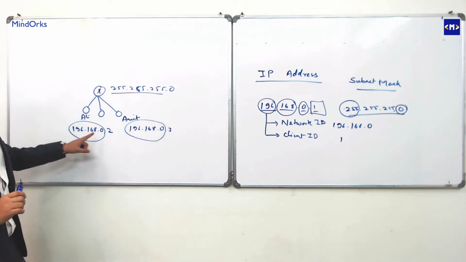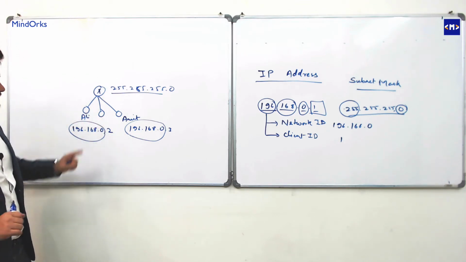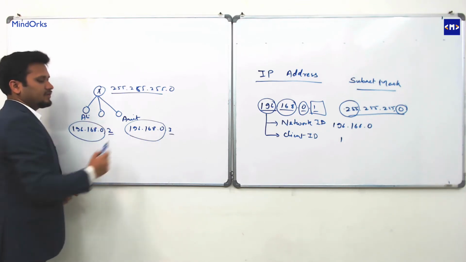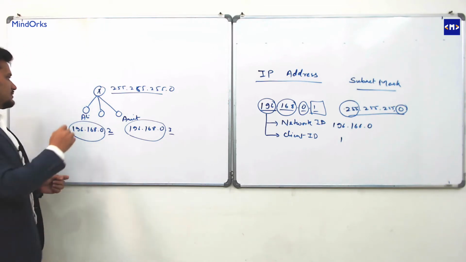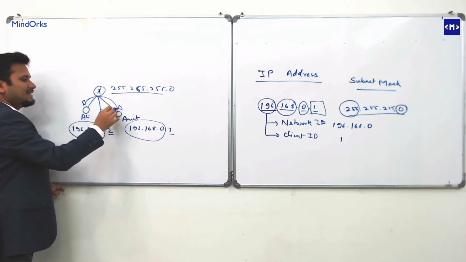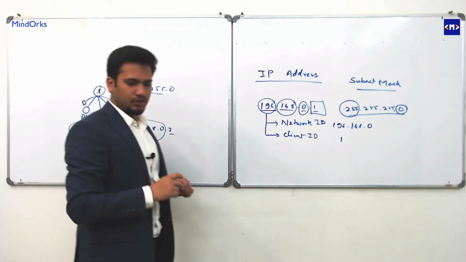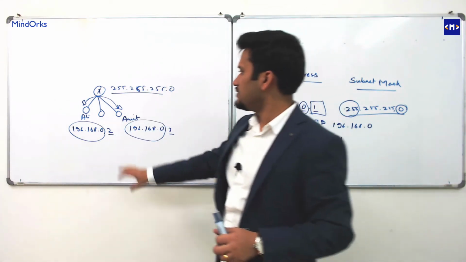Our network IDs are both the same, so we are on the same network, and our client IDs are different. Now if I want to send some message from here to here, it will be directly transferred to Amit. There will be no issue here because we are on the same network.